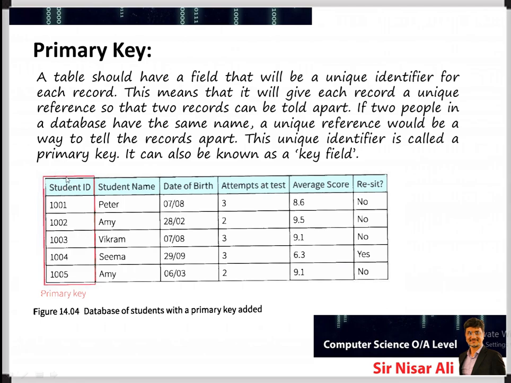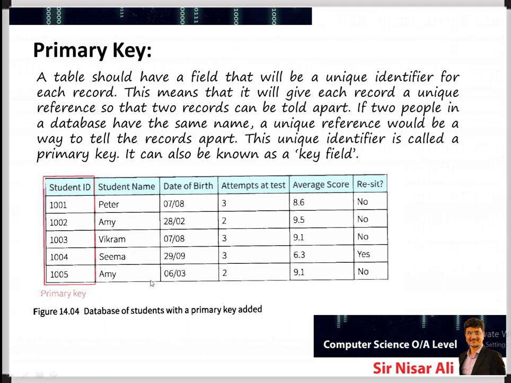That is why we will declare this field as a primary key. We will never declare a record as a primary key. You should always know that the primary key is a feature of a field.